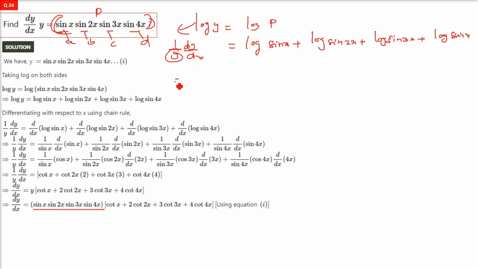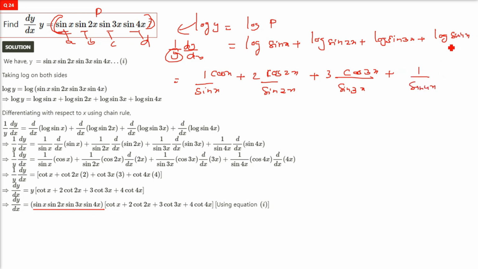Now log sin x, differentiation is 1 by sin x times cos x, plus 1 by sin 2x times cos 2x, and differentiation of 2x will be 2, plus log sin 3x, so 1 by sin 3x times cos 3x, and then 3, plus 1 by sin 4x times cos 4x, and 4.